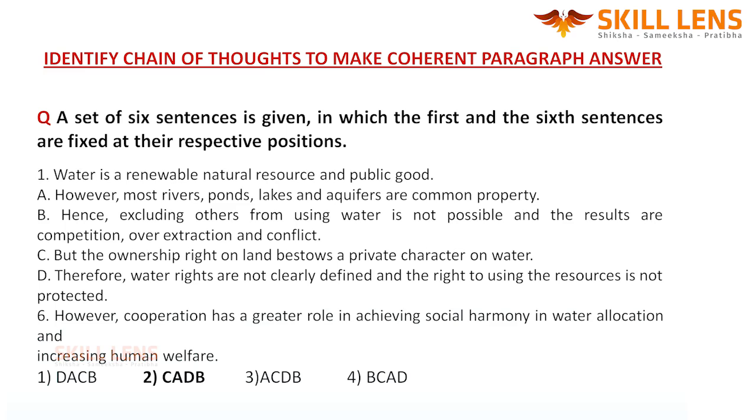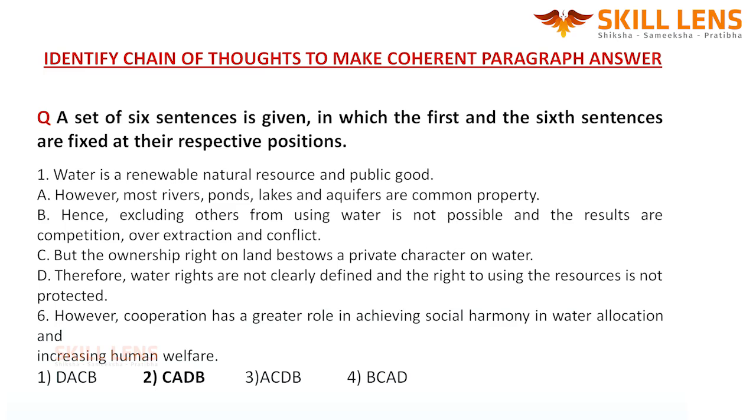In sentence 1, it tells us that water is a natural resource, a public good. Whereas in sentence C, it tells us that if the place where there is water is owned by a certain person, the water also belongs to that person. It further continues and elaborates, telling us, however, most rivers, ponds, lakes and aquifers are common property.